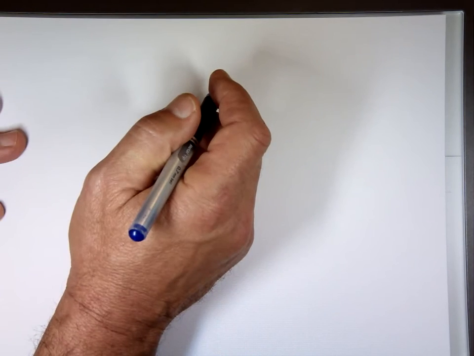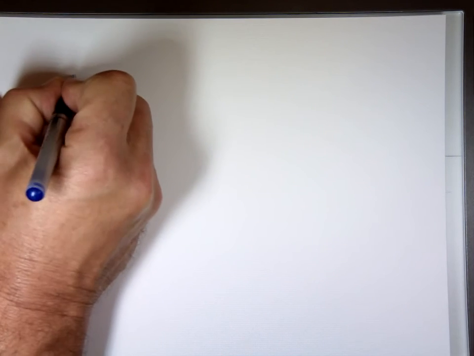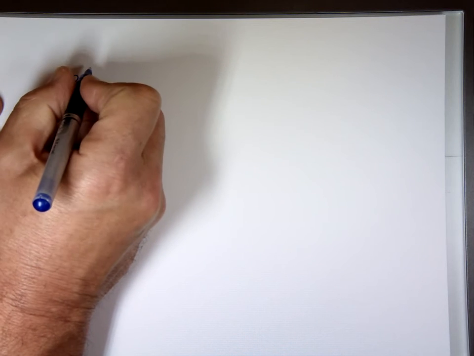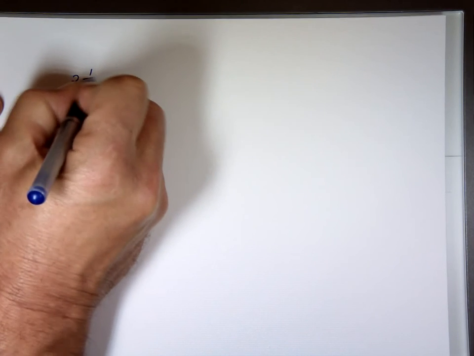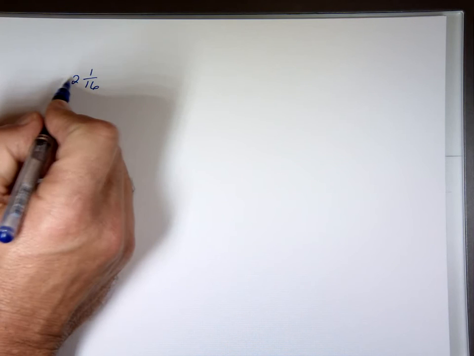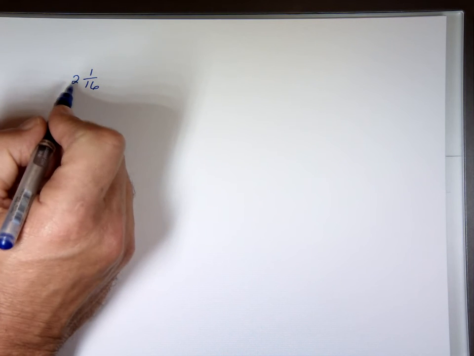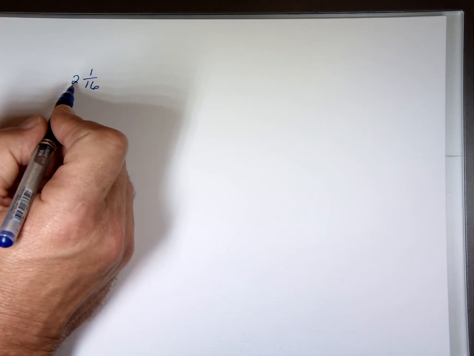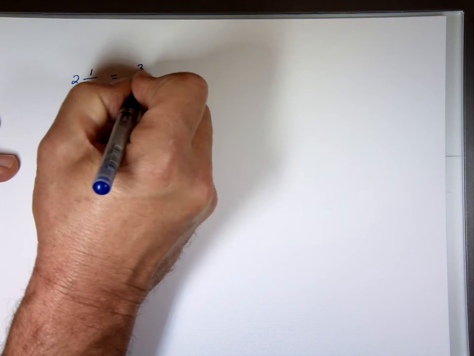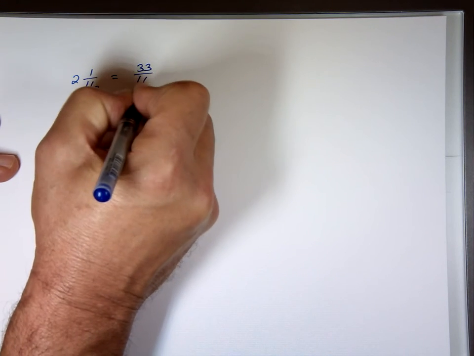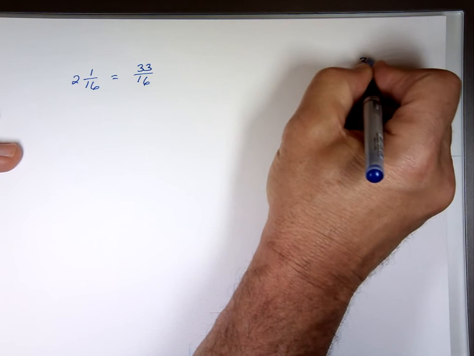If you have a number like this and I want to change that to a decimal number, divide them. We can change it to an improper fraction: 16 times 2 is 32, and 1 is 33 over 16. So let's divide 33 by 16.